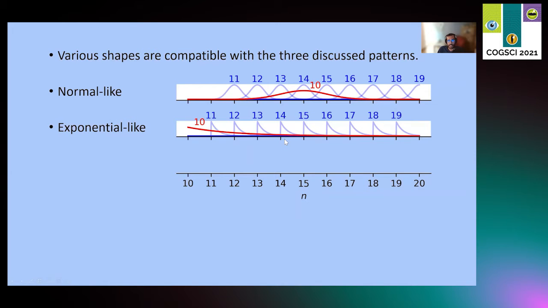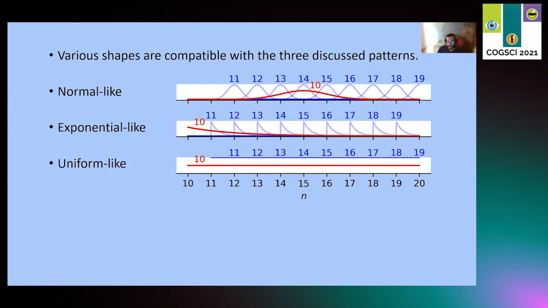It could be exponential-like, where we get a constant decrease starting with n. And it could be uniform-like, for instance, where you have something that looks like a uniform between n and some higher number, which might itself depend on n.